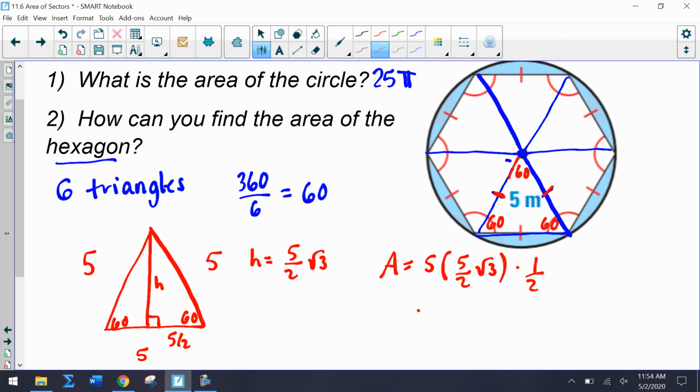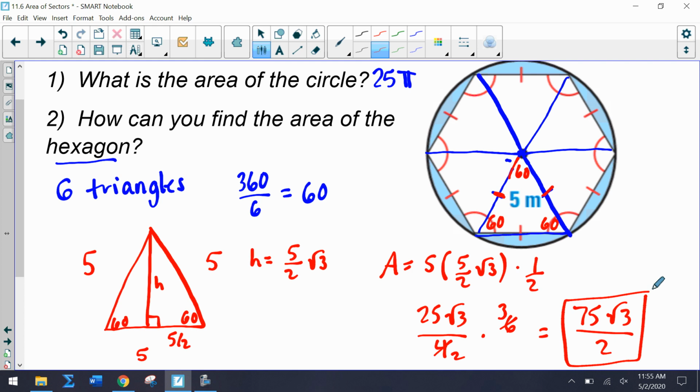So we have 25 root 3 over 4 is one of those triangles. So now if we multiply that by 6, we end up with 75 root 3 all over 2. And that's the area of the shaded region.